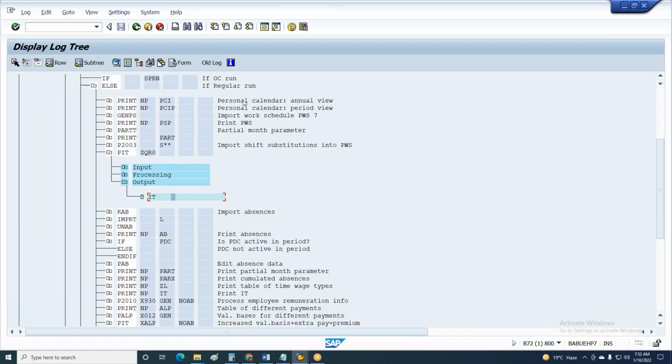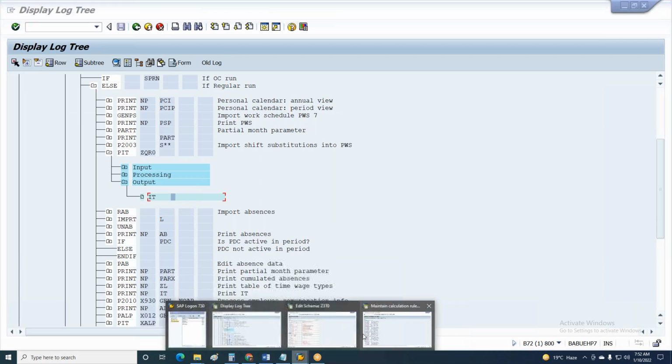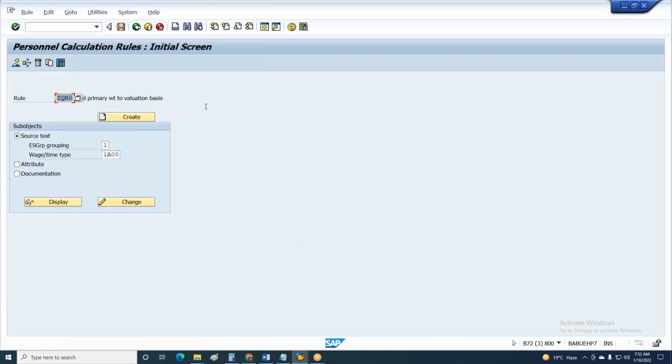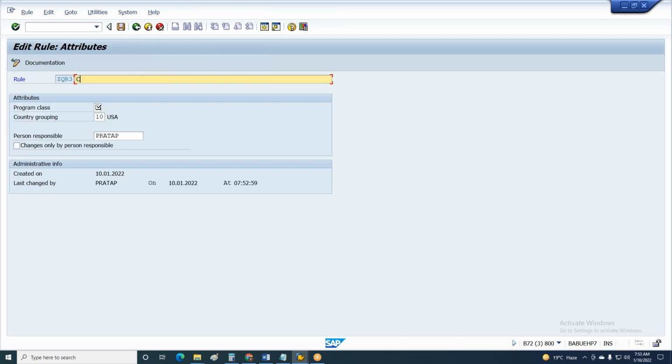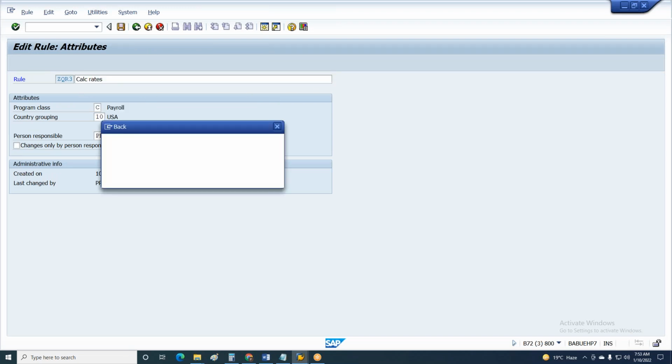So now verify it. Write a rule for the calculation of rates, the second part, which is a divisor rule.